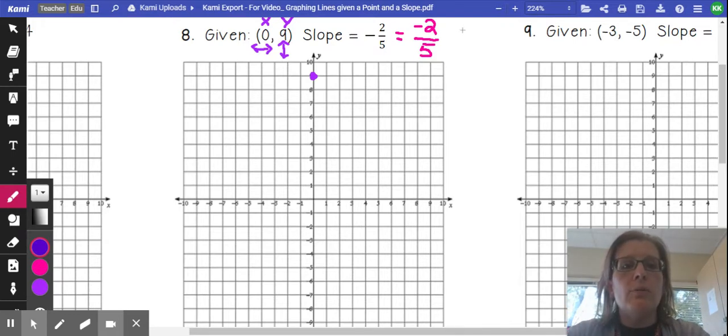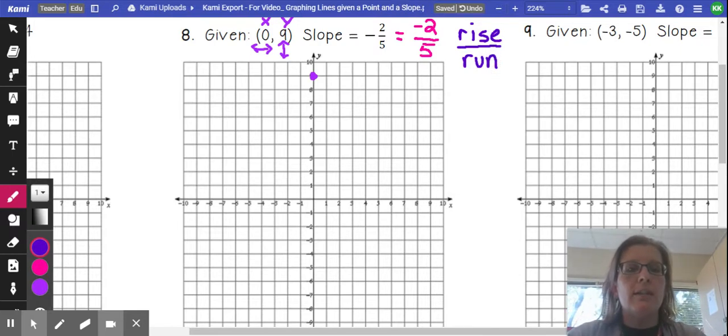Now I'm going to use what I know about slope being rise over run to find the direction that this line goes. Since our rise is -2, a negative rise tells me that I'm going down.